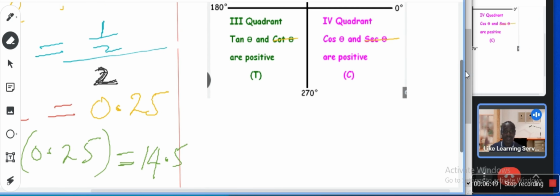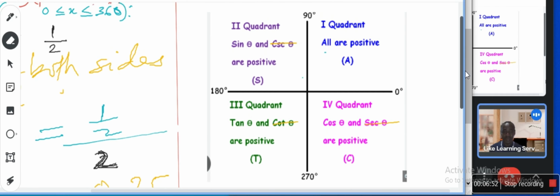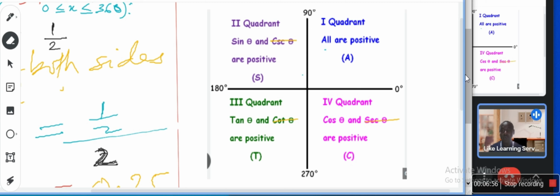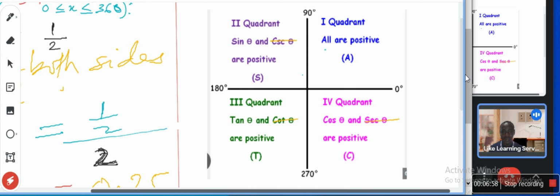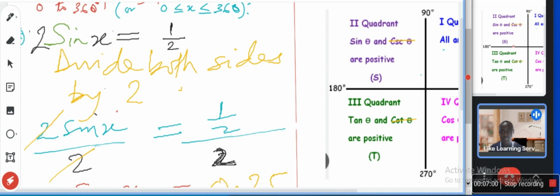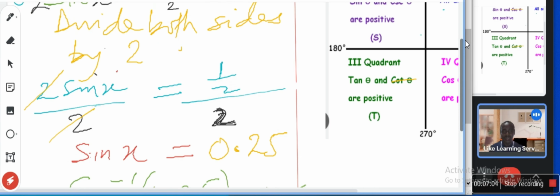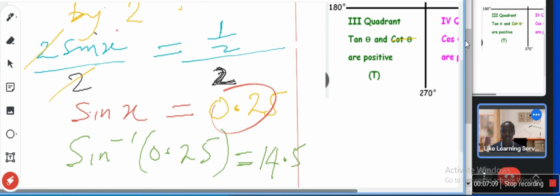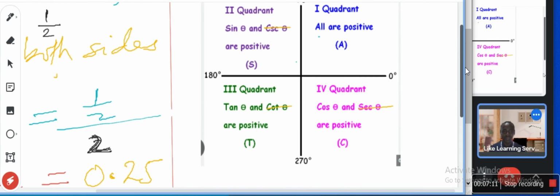I will show you, it's actually very easy. Just stay with me as I'm explaining it. We are going to only where sine is positive, because it's about sine. It says sine whatever equal to whatever, and it is positive. So which quadrant is sine positive? Tell me.